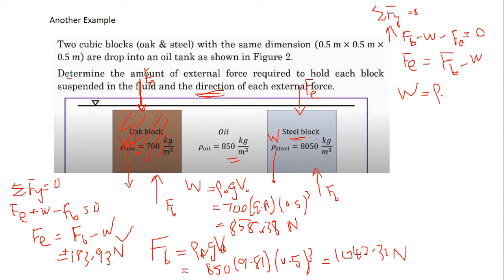Rho of the object, steel. Berapa nilai? 8050 times 9.81 times 0.5 to the power of 3. And the value is 9,871.